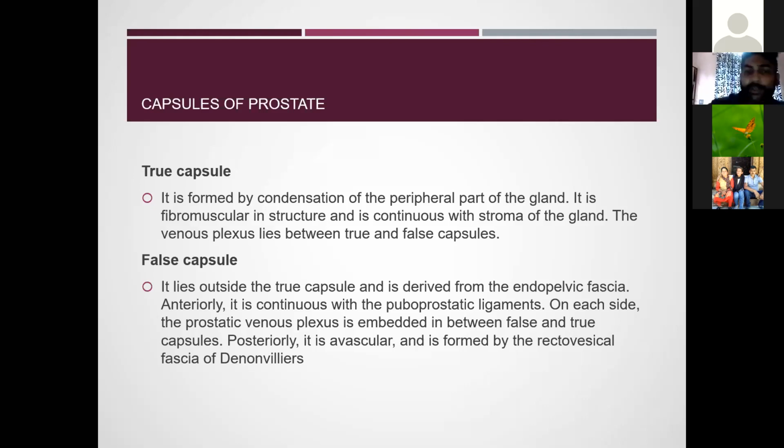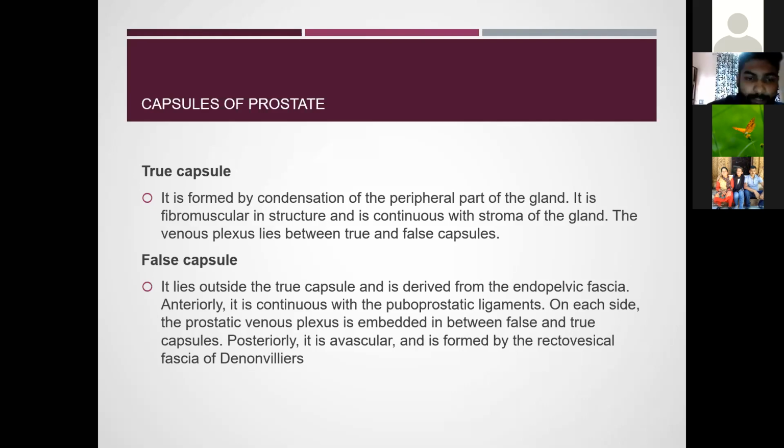So the prostate is covered by a capsule, the true internal capsule. It is formed by the condensation of the peripheral part of the gland. It is fibromuscular in structure and is continuous with the stroma of the gland. The venous plexus lies between the true and the false capsule.